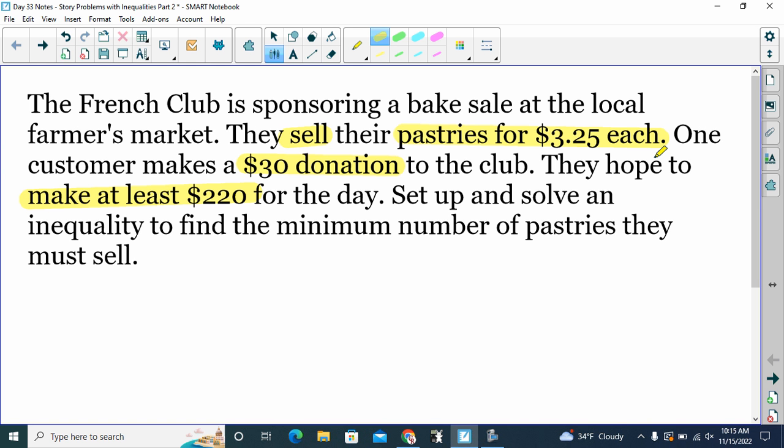So they are selling pastries for $3.25 each, they get a $30 donation, and they want to make at least $220 for the day. We are asked to set up and solve an inequality to find the minimum number of pastries they must sell.